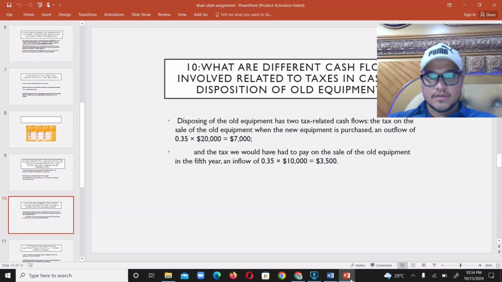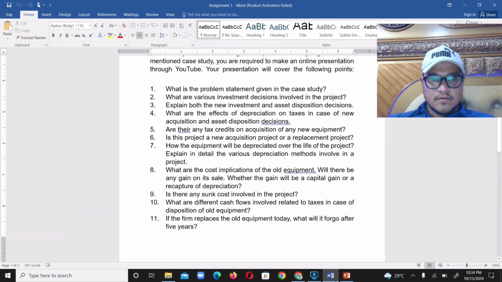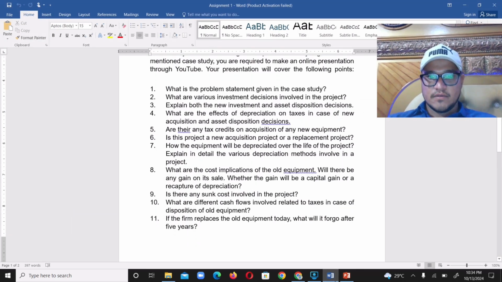We move to question number 10. What are different cash flows involved related to taxes in the case of the disposition of old equipment?